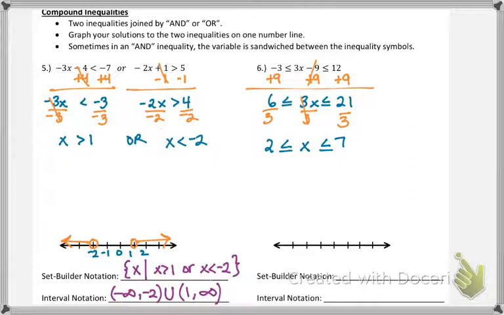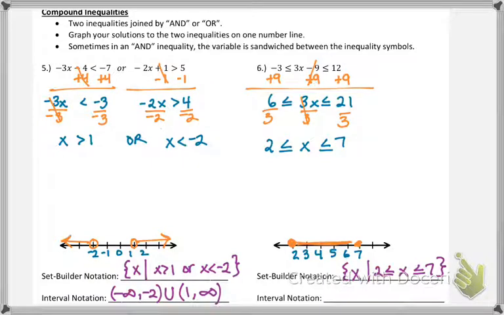And when we graph it, closed circles and everything in between. Your solution in set builder notation is the set of all real numbers x such that x is between 2 and 7.